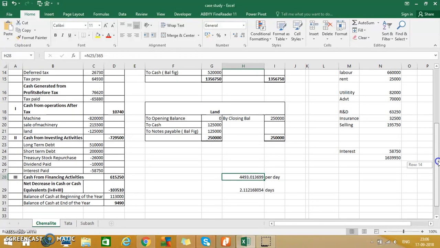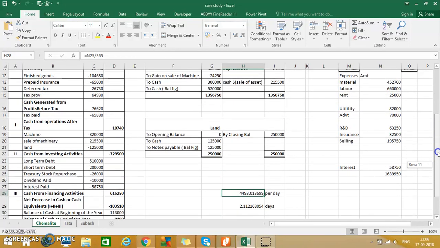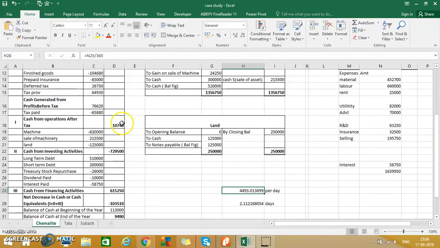My recommendation would be that, because his cash operating profit seems to be very small, and the amount that goes into investing is 7,29,000, which is a huge amount, I recommend he go a bit slow on this part.